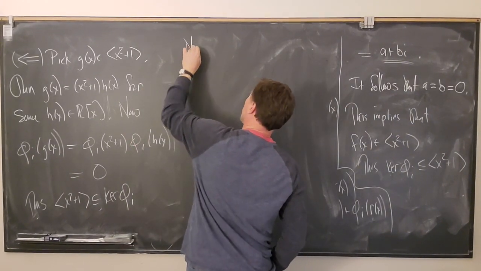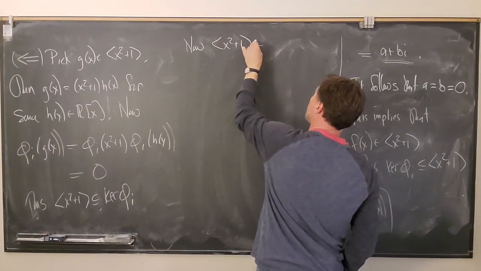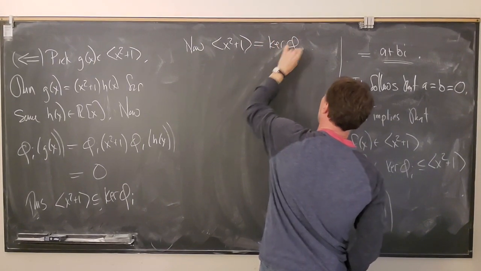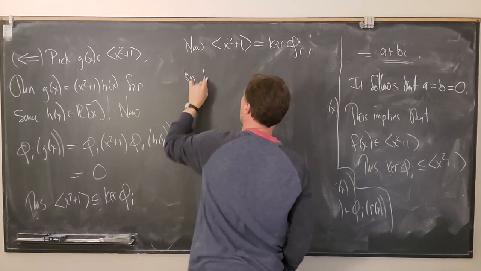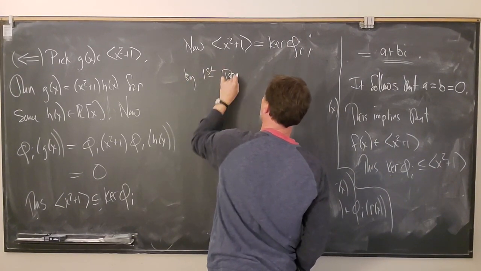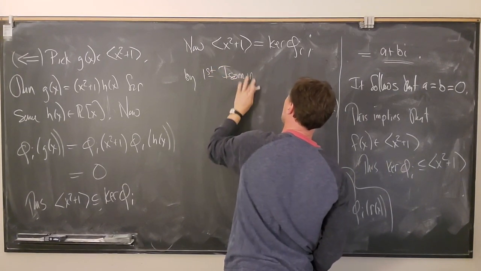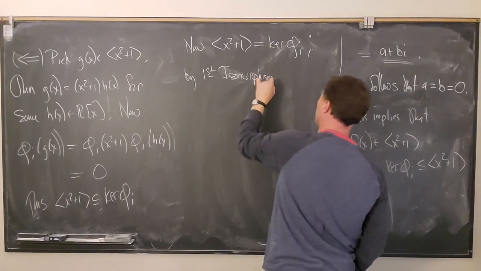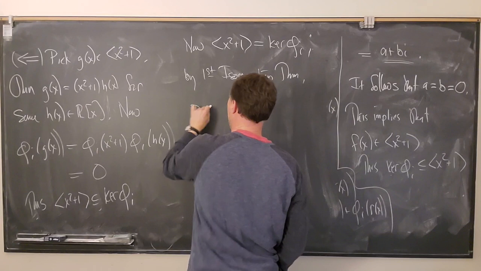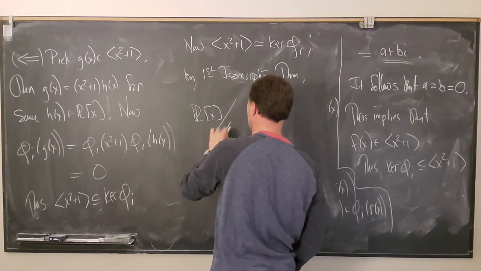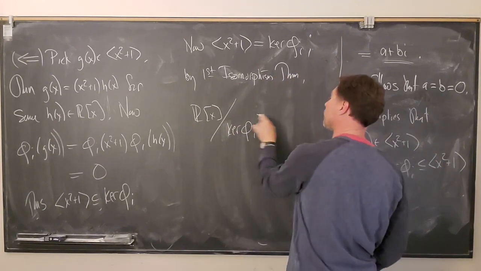So now, okay, so what does that mean? We have the ideal generated by x squared plus 1 is equal to the kernel of phi sub I. By the first isomorphism theorem, R bracket x mod the kernel of phi sub I is isomorphic to the image.